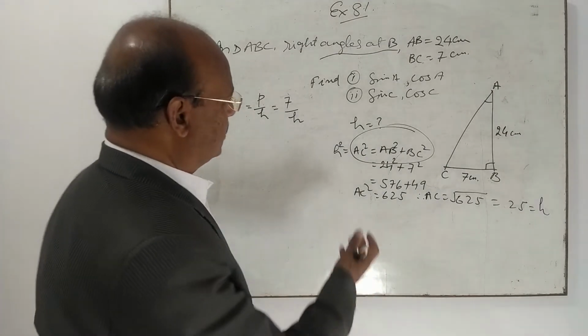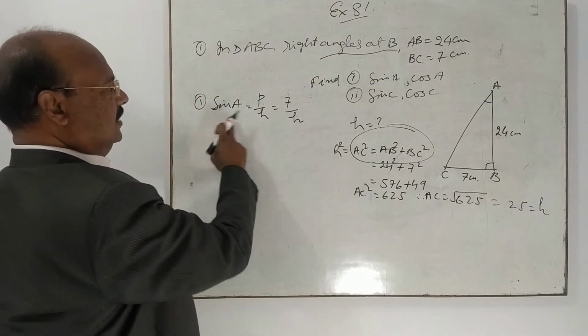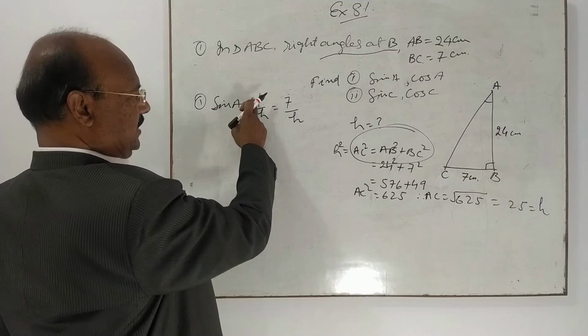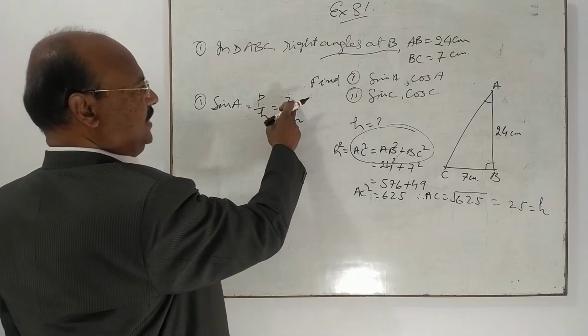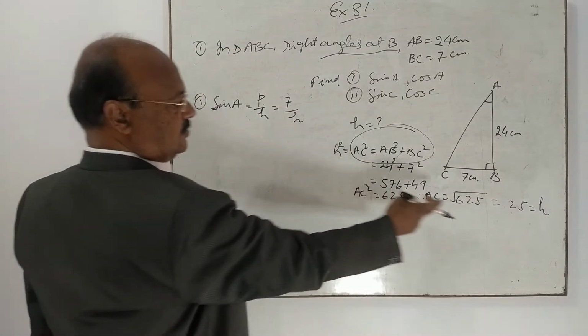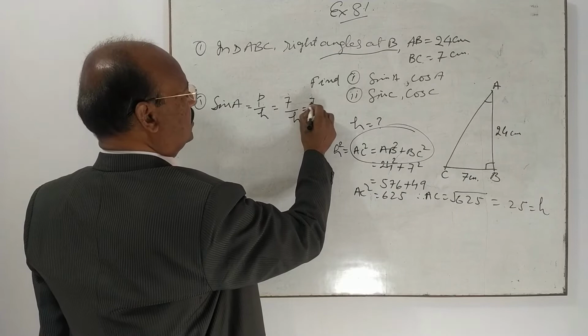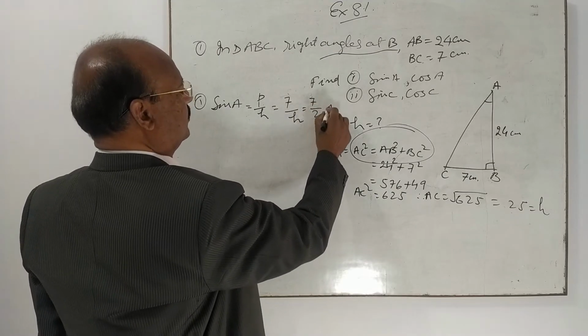Now it is very simple to find these values. Sin A is P by H, where P is 7 and H we have just got as 25. So this is equal to 7 by 25. This is the answer.